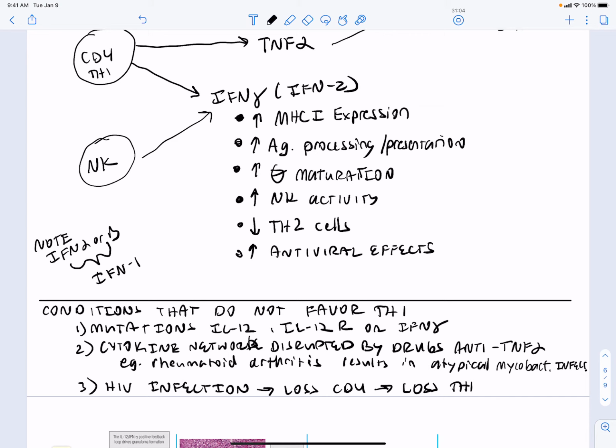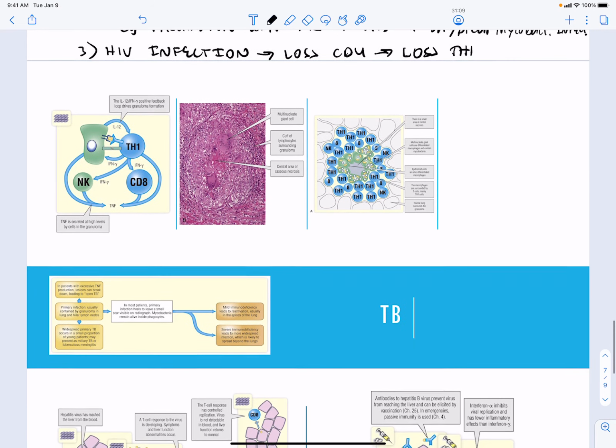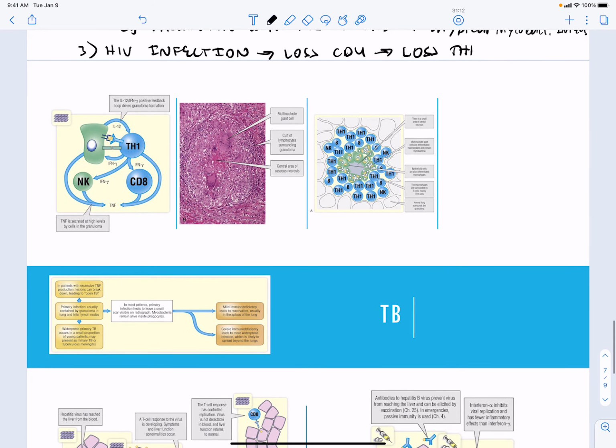Okay, so just keep all those cytokines in mind as we start going through all this. Keep in mind also that you have this whole idea of Th1 versus Th2 versus Th17. And all of those require an environment set up in order to make sure that you get the right response for the right pathogen.